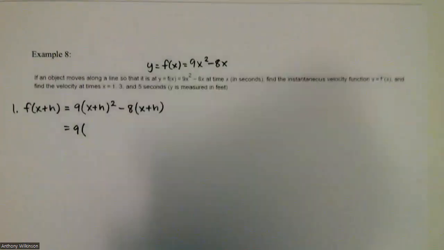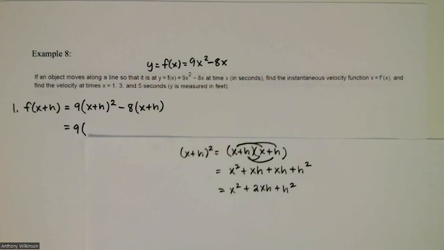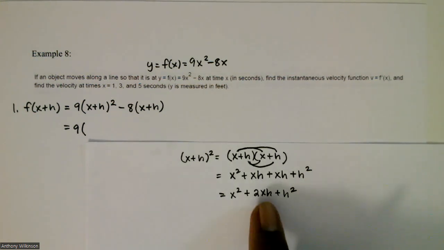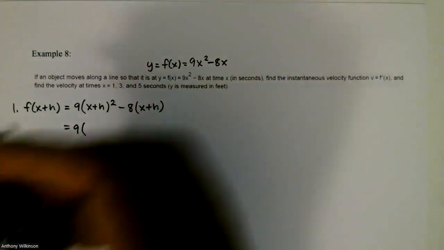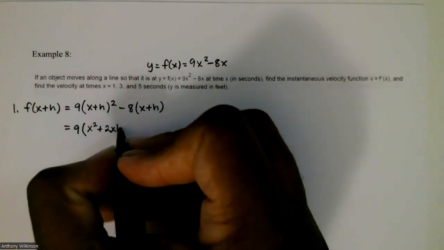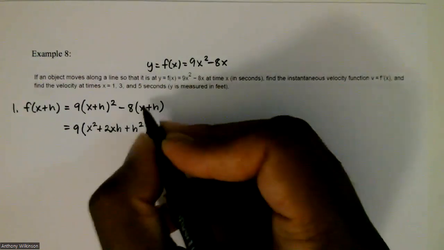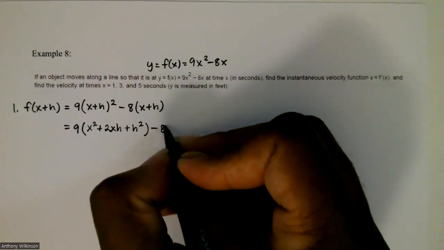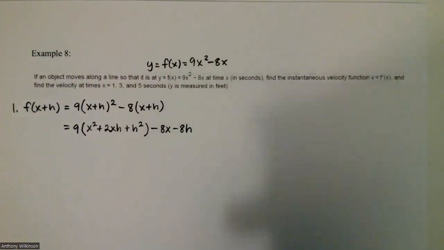So I have 9 times... now I've already done x plus h quantity squared somewhere. Here it is. That's x squared plus 2xh plus h squared. So I'm not going to go through all that again. I'll just write x plus h quantity squared as x squared plus 2xh plus h squared. And then minus 8 times x will be minus 8x, and minus 8 times h will be minus 8h.